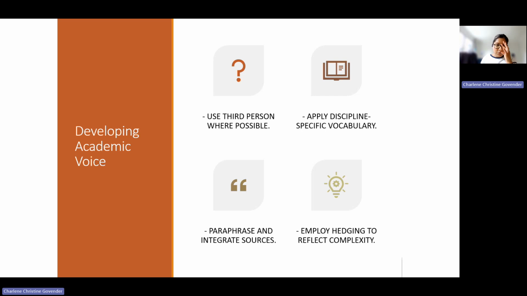So that is where you will use caution, as in to say, social media is apparently, or according to this researcher, this shows a correlation. If you avoid using absolutes, it will show that you're developing your academic voice because you understand the nuances of research topics. Of course, these are some of the things that you can incorporate to develop your academic voice.